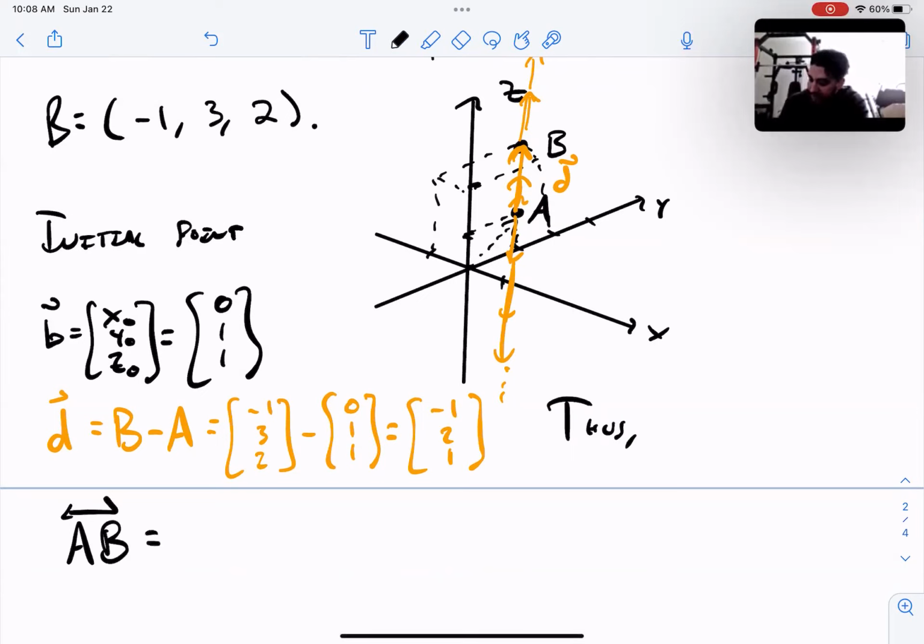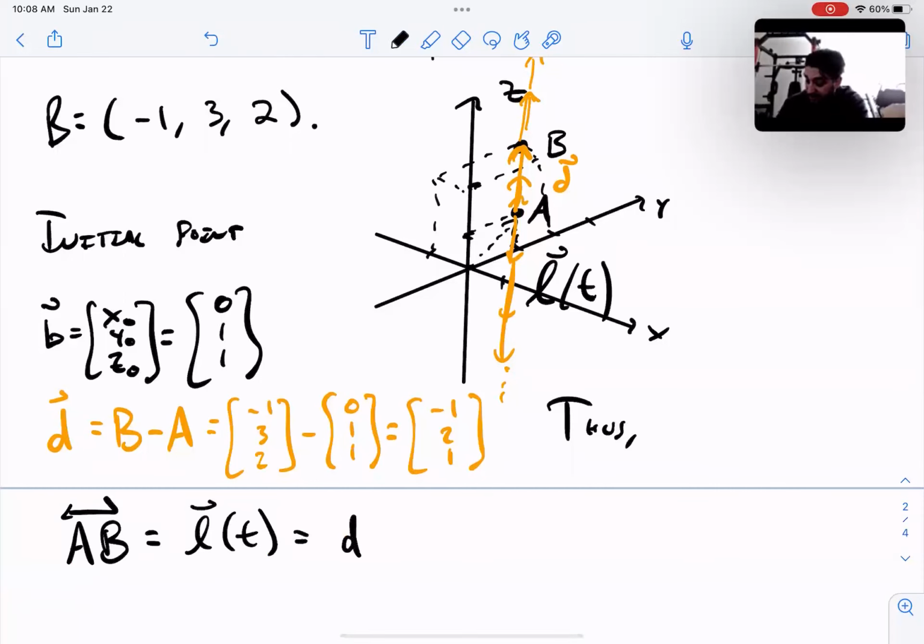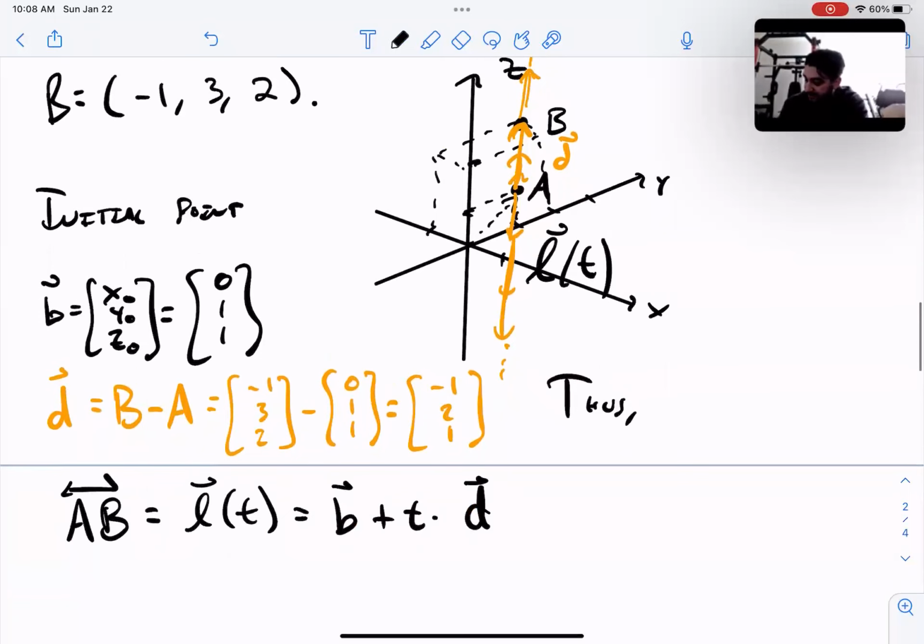In our vector notation, if we call this line L of t, it would be our starting point, little b, plus t times d, our direction vector. So in this case, I have (0, 1, 1) plus t times (-1, 2, 1), right?